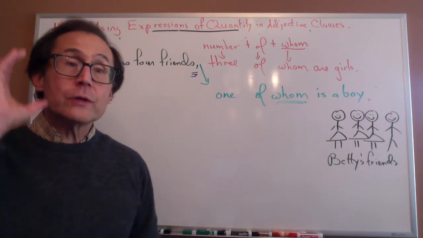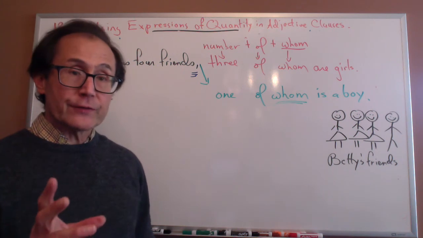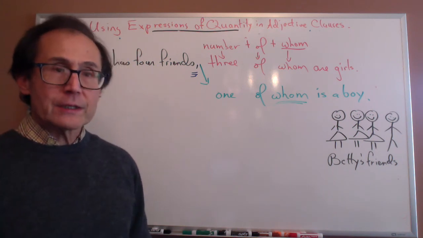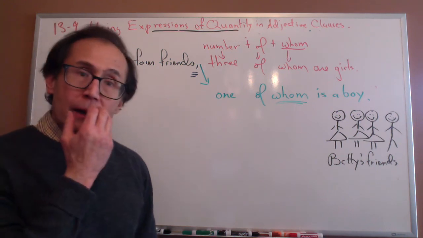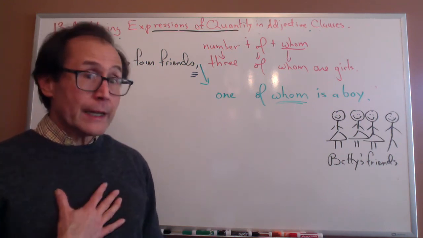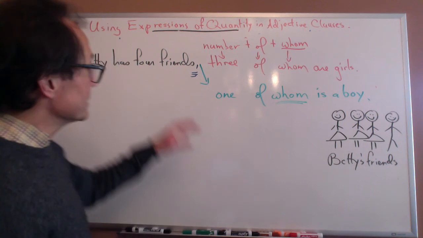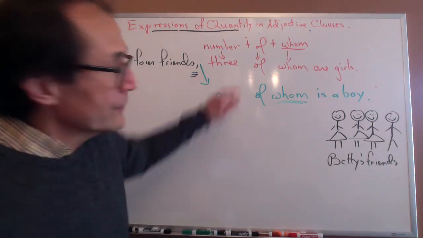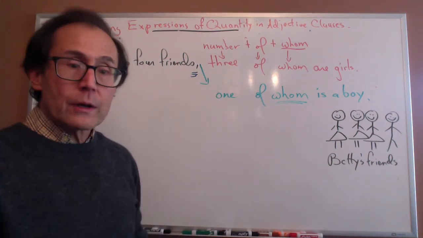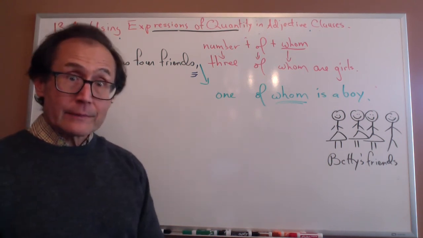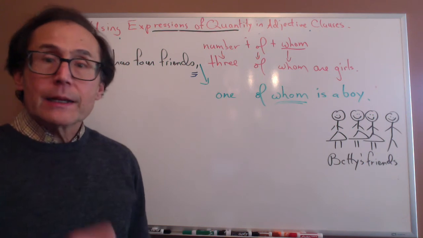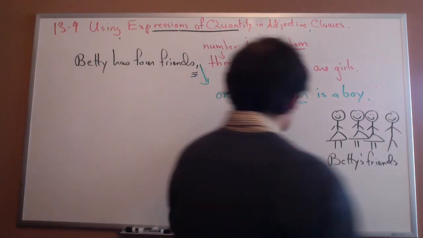And like I said, expressions of quantity and adjective clauses will usually have commas. Your book says always, not quite true, but usually they do. So, here I'm using a comma. Betty has 4 friends, 3 of whom are girls. Or, Betty has 4 friends, 1 of which is a boy. How is that?